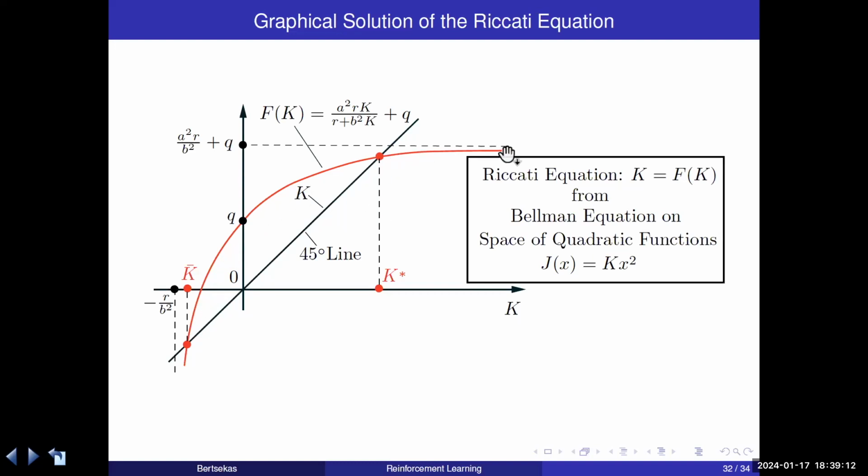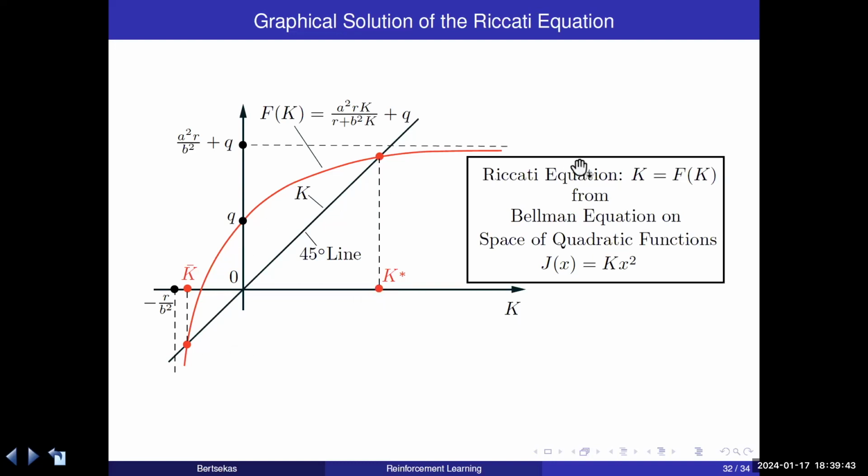Here's the right-hand side of the Riccati equation, and here's the left-hand side, which is just K as a function of K. The point where they meet is the solution K star. There's also another solution here, but that solution is negative because Q is positive. The crossing point is above zero. So we are only interested in the positive solution.